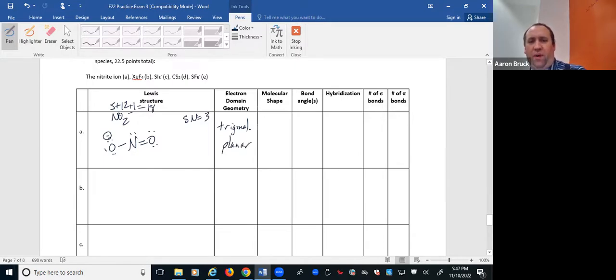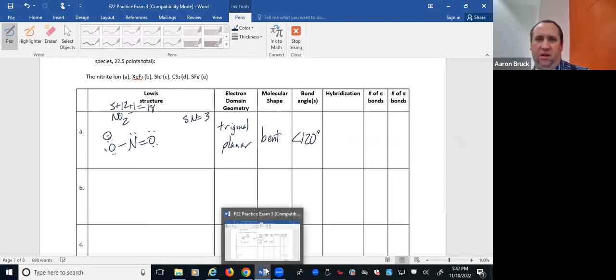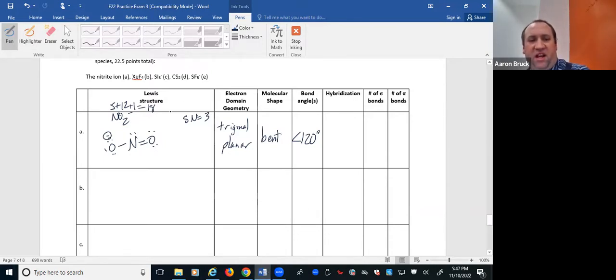With that lone pair there, that's going to make the shape bent. And that's going to change the bond angle from a simple 120 to less than 120. Again, all of that information would be on that sheet that you're allowed to use. Hybridization with a steric number of 3 would be sp2. And I can see that I've got 3 bonds in total. One of them is a pi bond because of this double bond here, which means that the other 2 are sigma.